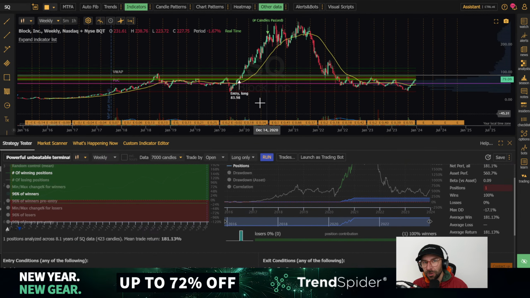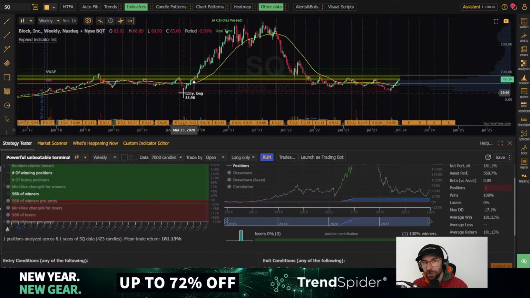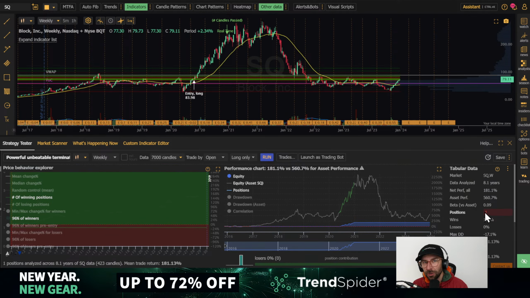It looks like that's the only time this has ever happened, a 100% move in that period of time, off those COVID lows. There's no data, one time in the history of this stock, so you can't really get anything from that. You can't assume that just because it happened here, it's going to happen again.